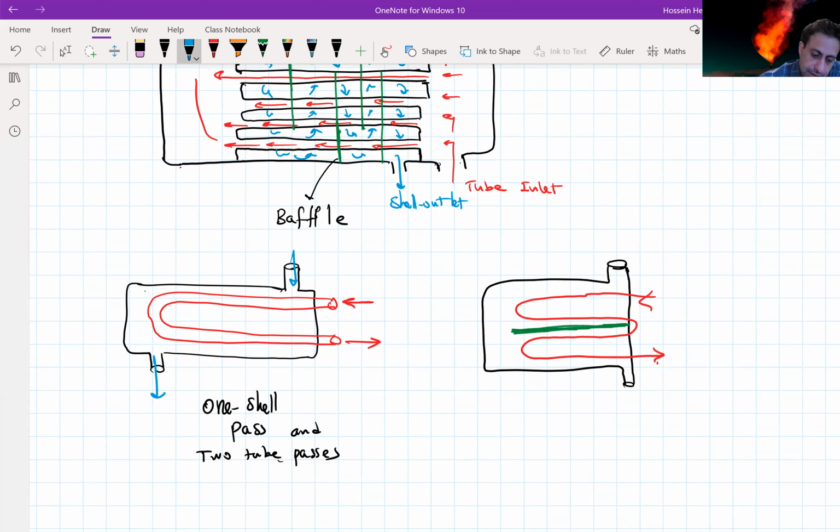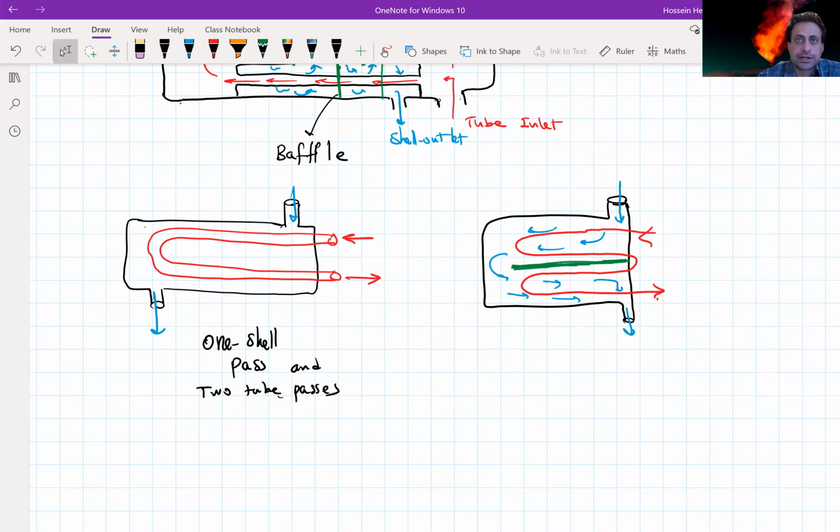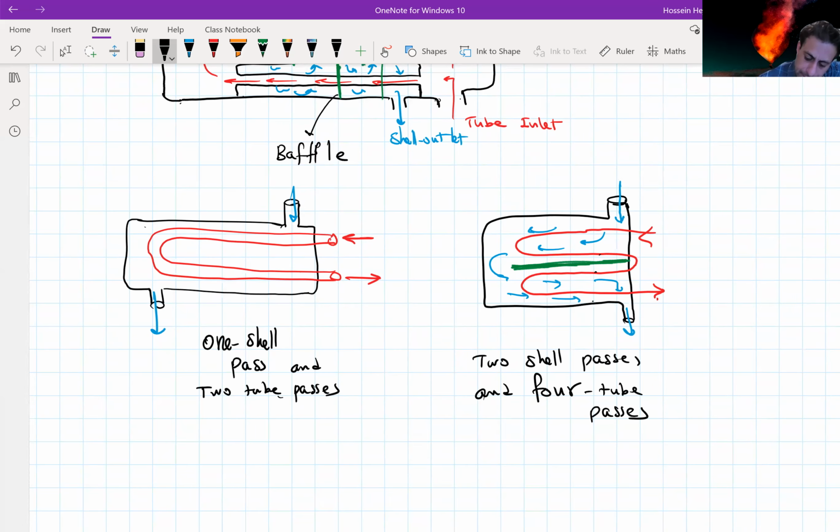So this is, let's say, for the hot stream, and then the cold stream gets in, moves to the second pass, and then goes out. So this type of shell and tube exchanger has 2 shell passes and 4 tube passes.